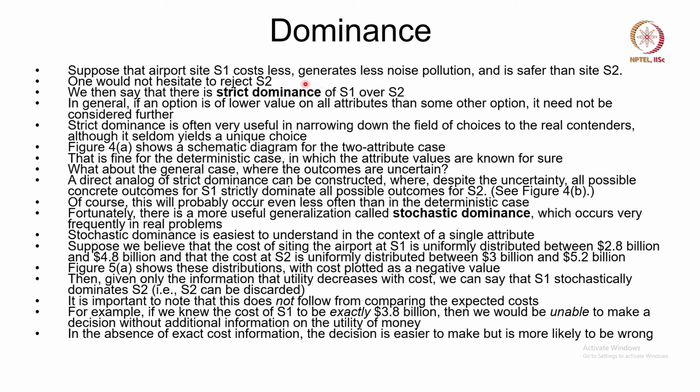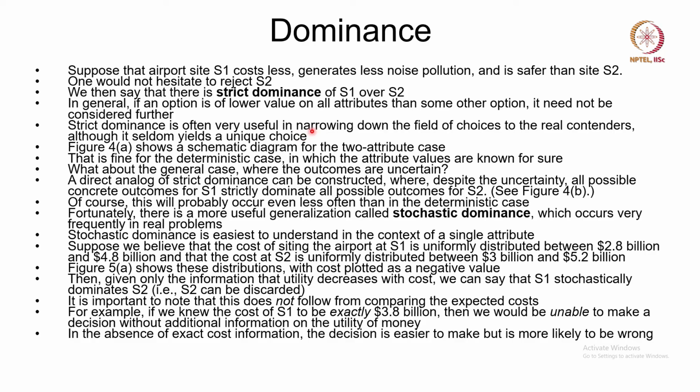So obviously we can reject S2. We can say that S1 has strict dominance over S2. Whenever one option has strict dominance over the other, there's no problem in choosing which option to take.